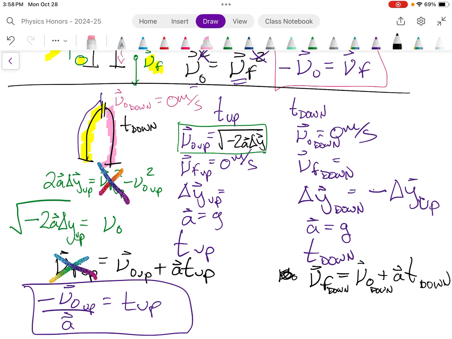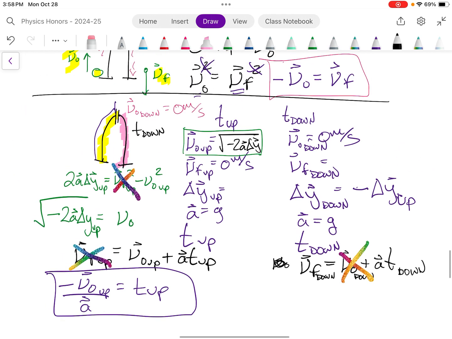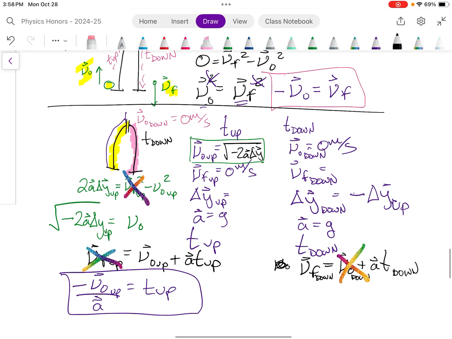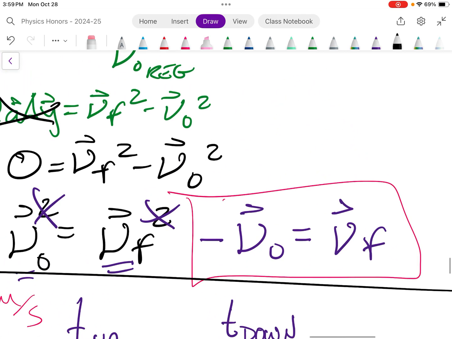All right. What do we know about vo in this case? 0. What do we know about vf? Well, let's put it in terms of stuff that we know. All right. What do we know about vo and vf? Well, remember from this thing before?